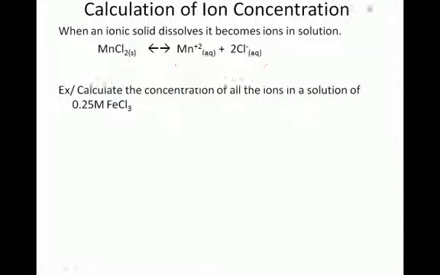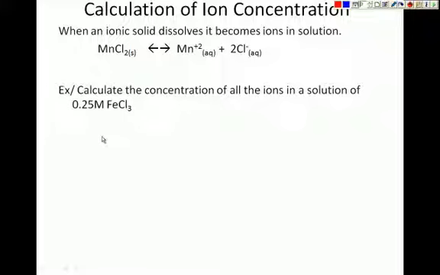Now, let's take a look at doing a question and using that principle. Now, this question says calculate the concentration of the ions in a solution of 0.25 molar FeCl3.